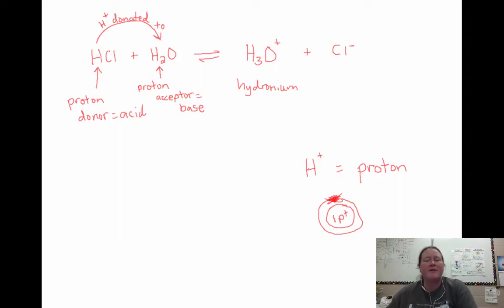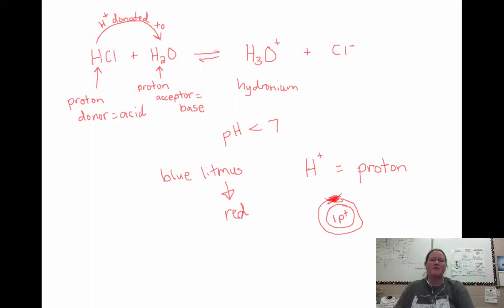And acidic properties include a pH of less than 7. It will turn blue litmus paper red. My pen is going slower than molasses in January. The acids tend to have a sour taste, so these are just some properties of acids.